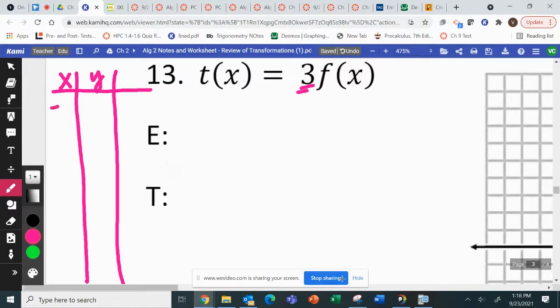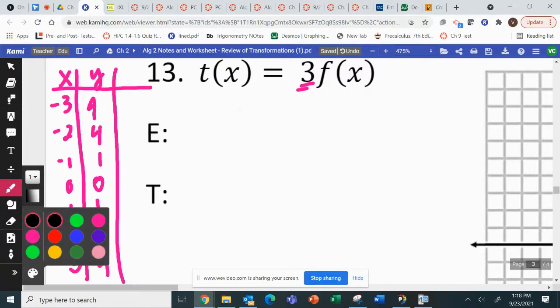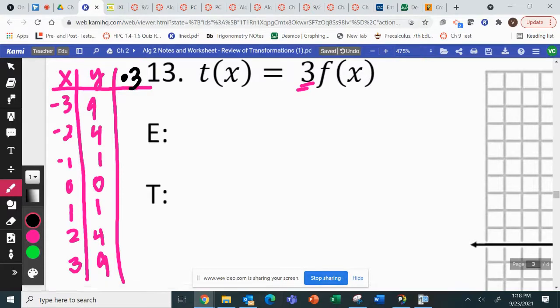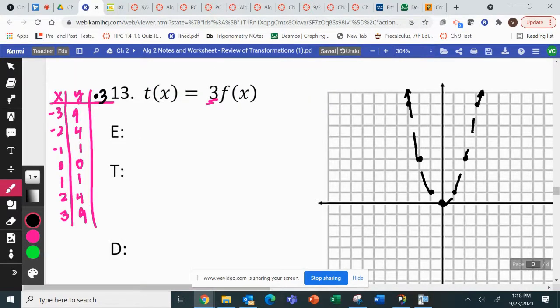So the way that we were doing it last time, last chapter. For this one, I would multiply all of my y's by 3. So that's how I'm getting my new function, my t of x for this one. Let's see, t of x would be 3x squared. That's how I'm going to get all the points for that one, is multiplying all the y's by 3.